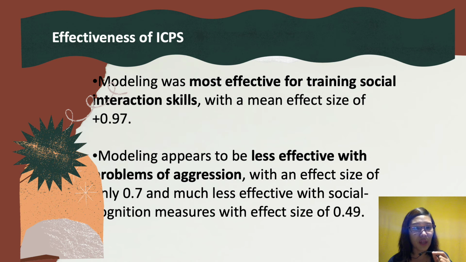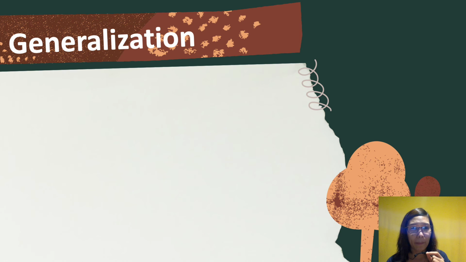Modeling was most effective for training social interaction skills, with a mean effect size of positive 0.97 according to the research. However, modeling appears to be less effective with problems of aggression, with an effect size of only 0.7, and much less effective with social cognition measure with effect size of 0.49 only.